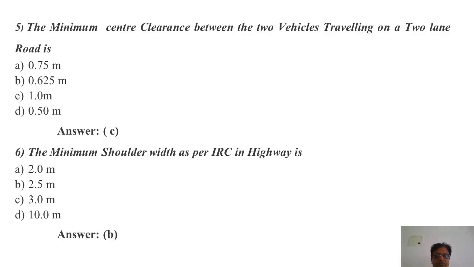The answer is 1.0 meter. 0.625 meter is for a single lane, so 1 meter is for a two lane. The minimum shoulder width as per IRC in highway is 2 meter, 2.5 meter, 3 meter, 10 meter. Answer is B, 2.5 meter.